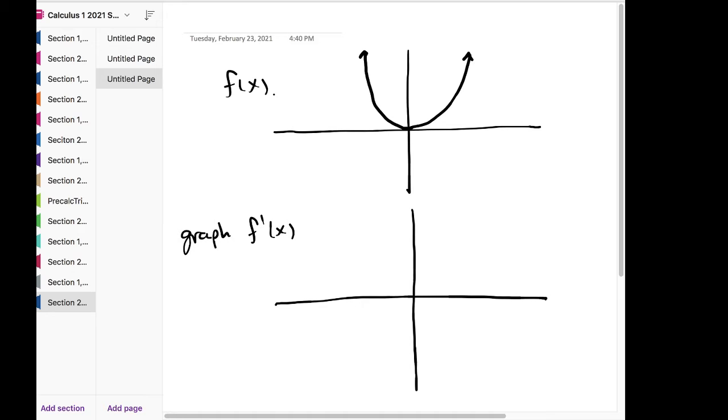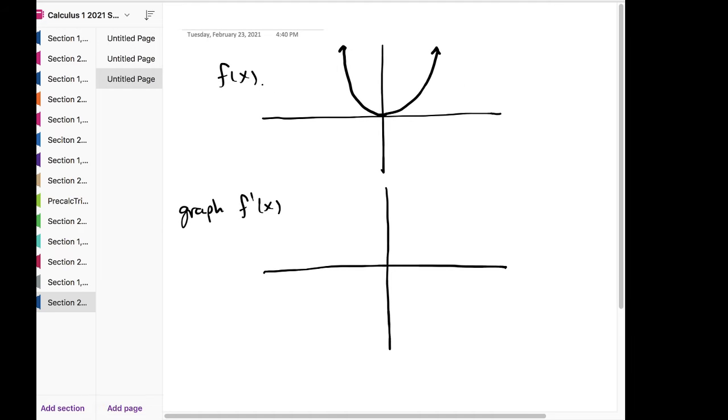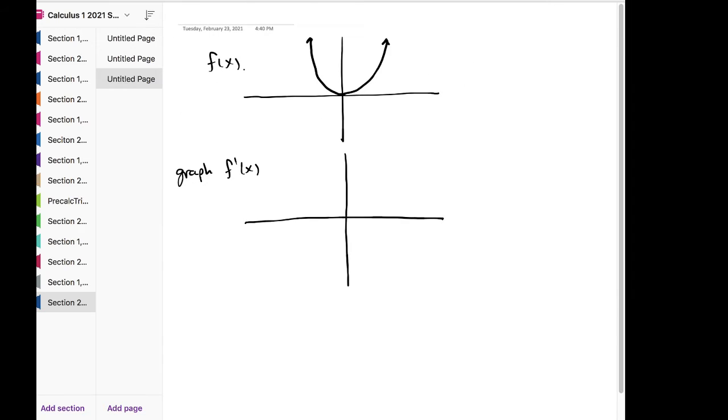Last time, remember, we were finding the derivative at a point, right? The derivative at a point was the limit as x approaches a of f of x minus f of a over x minus a.